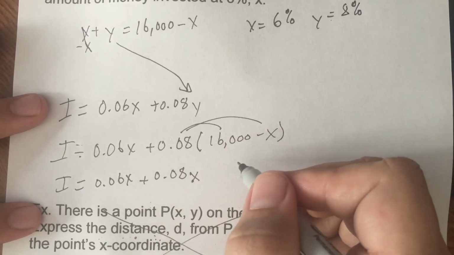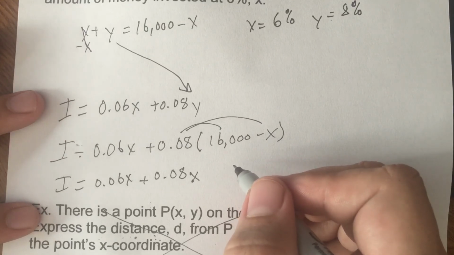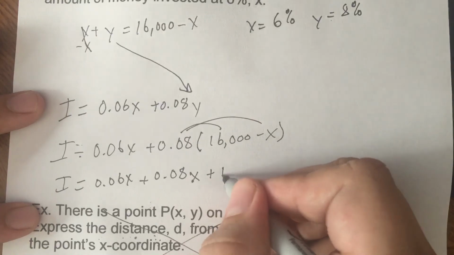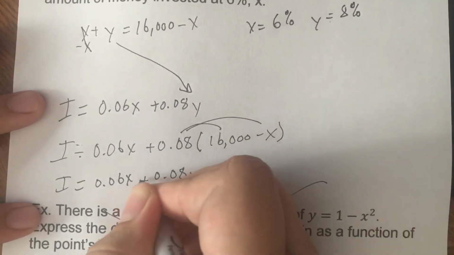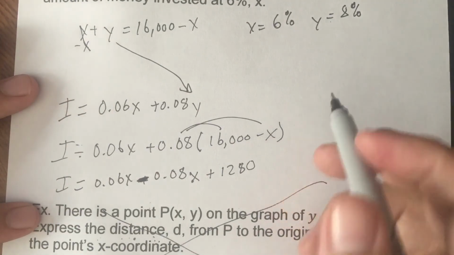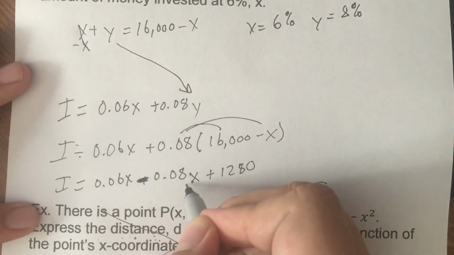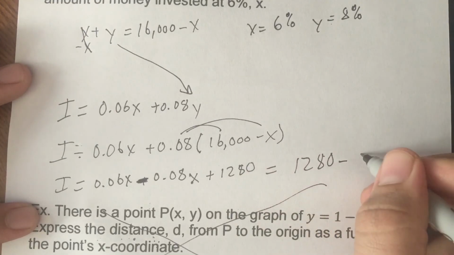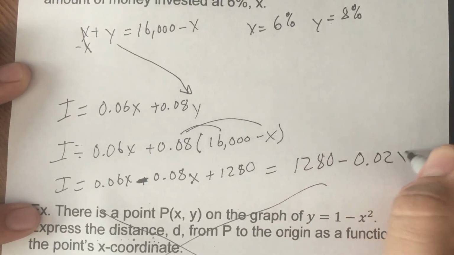And 0.08 times 16 is going to leave us with 1280. This will actually be subtraction here because it will be a minus x. So 0.06x minus 0.08x, we end with 1280 minus 0.02x.